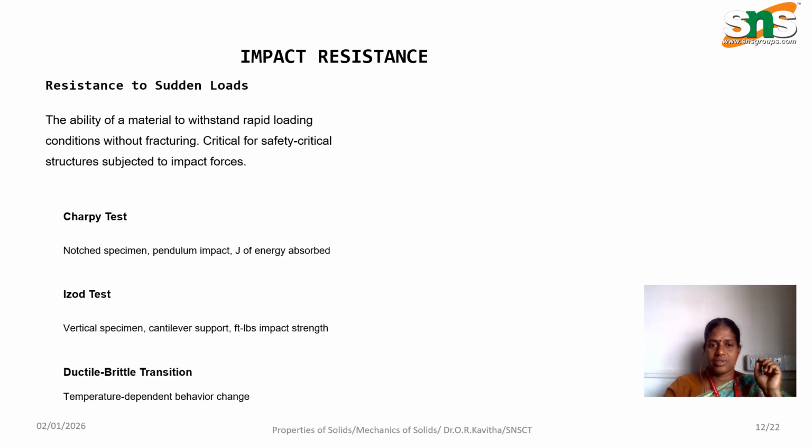The next one is impact load. It is nothing but a suddenly applied load. A tensile load may be gradually applied, but an impact load is suddenly applied. The material should withstand that suddenly applied load without any fracturing. It is the impact resistance.